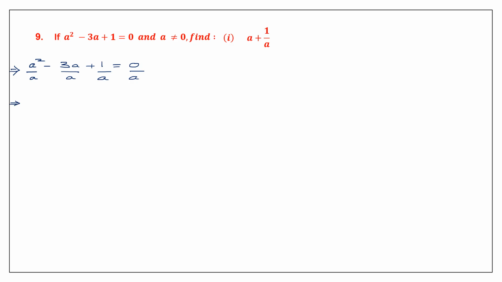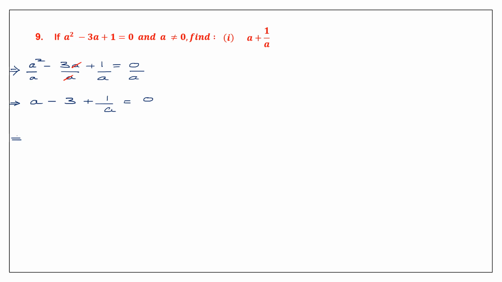So here we have a square divided by a. That means a to the power of 2 minus 1, isn't it? 2 minus 1 is 1. So this is simply a. Now here we have 3a by a. Let's cancel the a's. We can cancel this a here and this a here. So we have minus 3 plus, now we have 1 by a as it is, and 0 by a is equal to 0 itself.